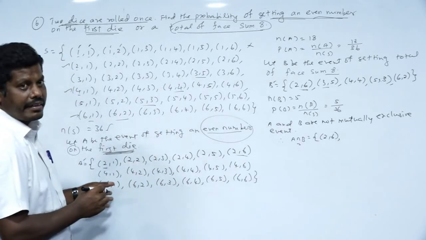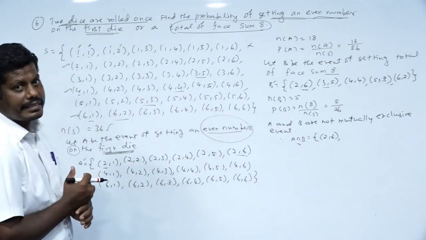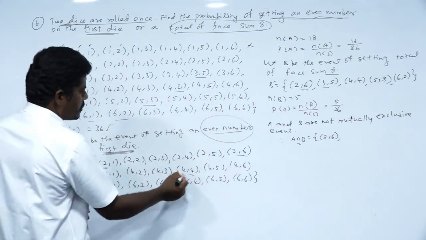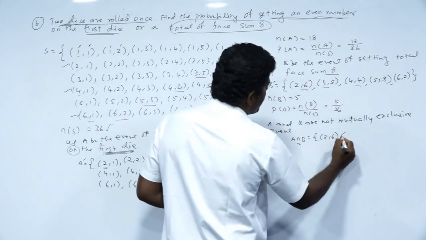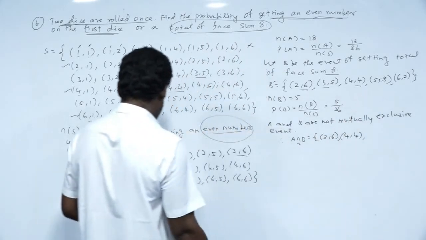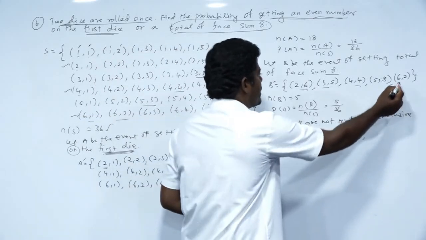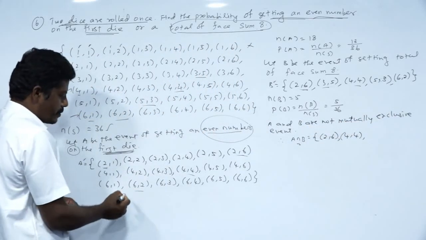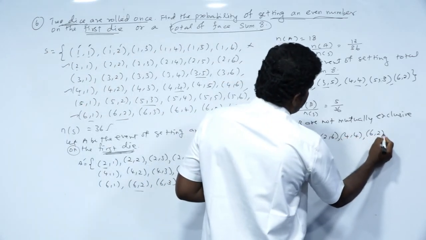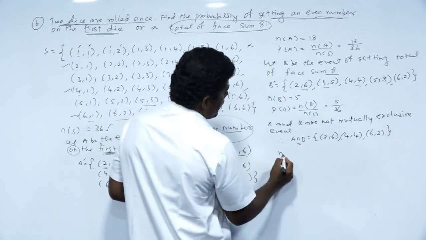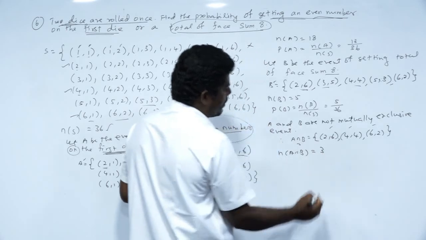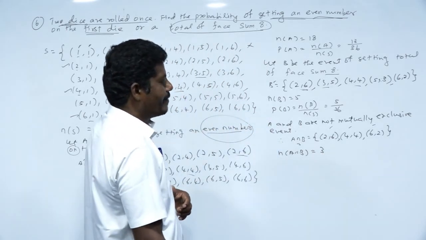So 3, 5 is not available in set A. Now 4, 4 is there in both, so 4, 4 is common. Here 5, 3 is there, but no 5, 3 in A. Here 6, 2 is there in both, so 6, 2 is common. So n of A intersection B is equal to 3. Number of common values is 3.